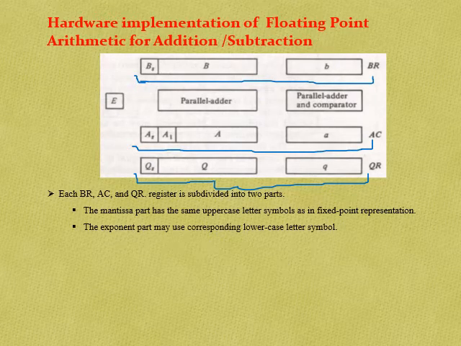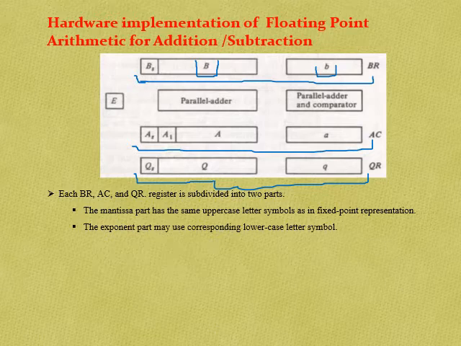Now we'll see what the different registers are that are required for addition and subtraction. In each register, the registers are subdivided into two parts, as I have already mentioned. The first part, in the capital letter, suppose here it is B, is for the mantissa part, and the small or lowercase letter b is for the exponent part.